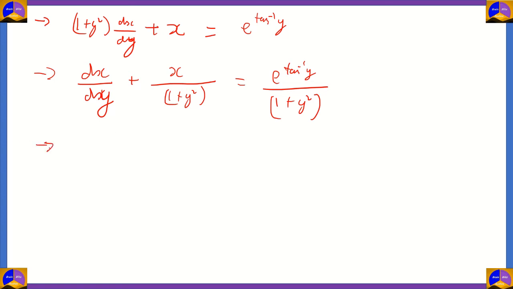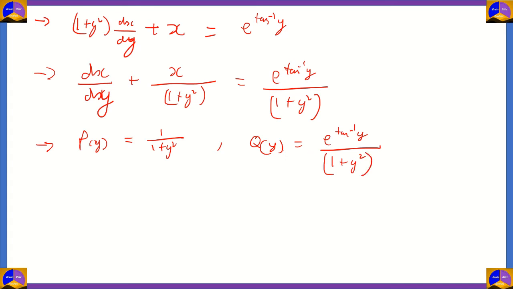So it's pivotal now to identify the constants. So P(y) here is equal to 1/(1 + y²), and Q(y) here is equal to e^(tan⁻¹y)/(1 + y²).